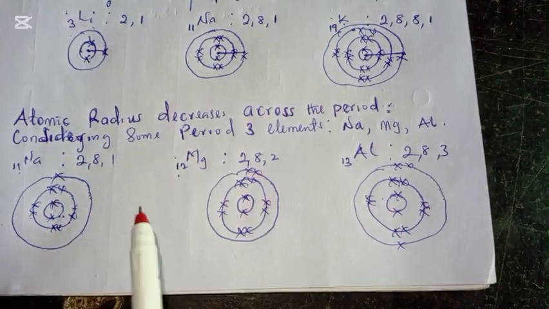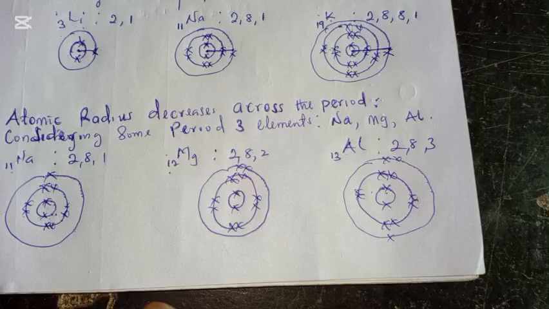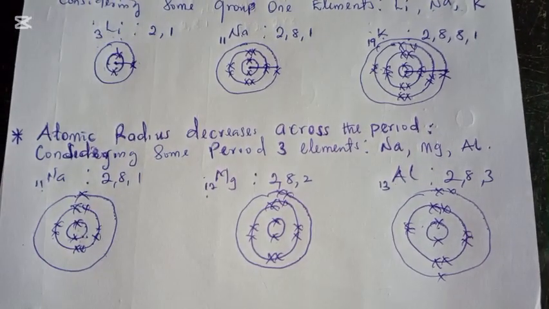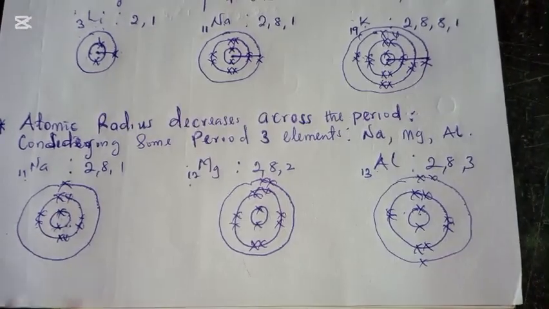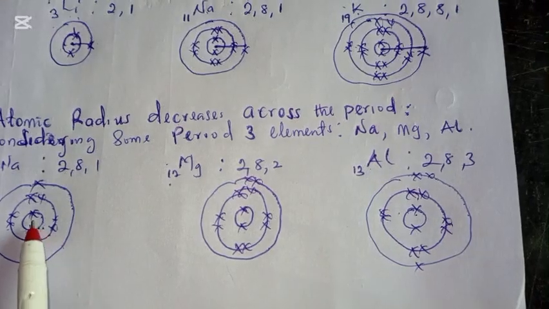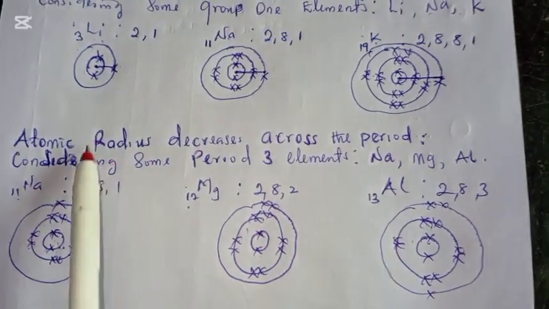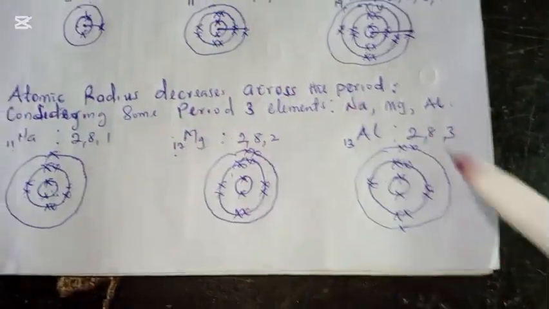As such, there will be tendency for the protons as they increase to drag electrons closer to the nucleus. As a result, that brings about reduction in the size of what? Of the atom. So since the size will reduce from here to here to here, that factor is a factor of what? Atomic radius. So we can categorically say that atomic radius decreases across the period.